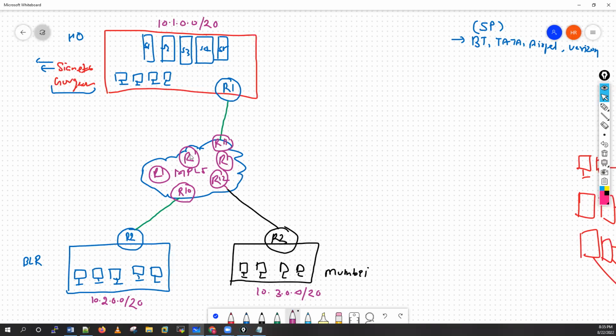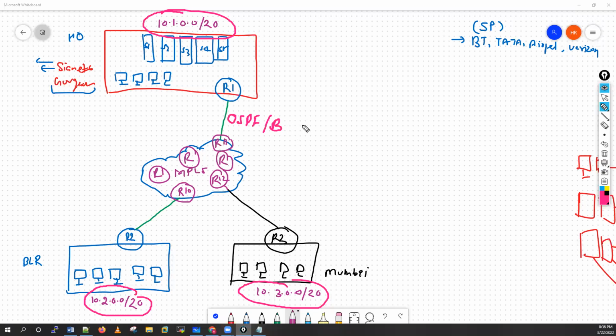Through this MPLS network we are now advertising these subnets. These MPLS providers tell you that you can run OSPF, BGP, or any type of routing protocol between your router and your MPLS provider router.